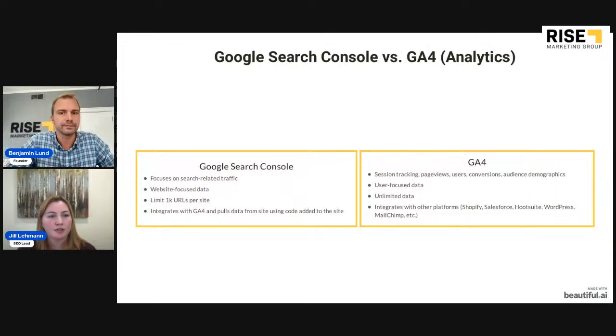For Google Search Console, you'll mainly use this for organic traffic. The performance dashboard in Google Search Console will only have organic traffic in it. So you won't be able to see any sort of traffic coming from paid ads. In GA4, that's where you'll want to look for paid ads data. So things like user sessions and conversions on those paid ads, you'll want to see in there.